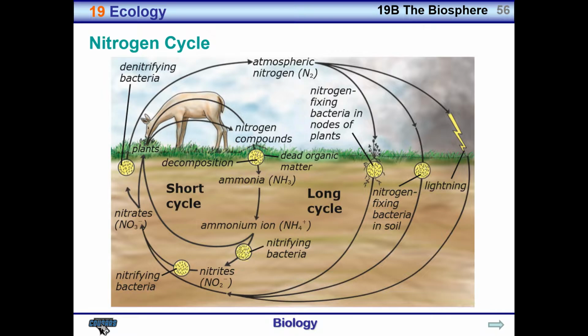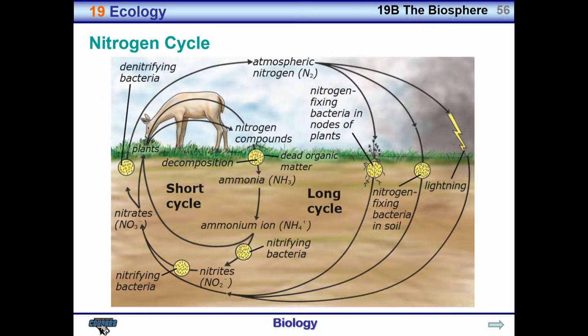But early in the last century, scientists discovered that bacteria would grow in nodules in the roots of plants, and they could carry on nitrogen fixation and convert nitrogen into a form that plants can use.